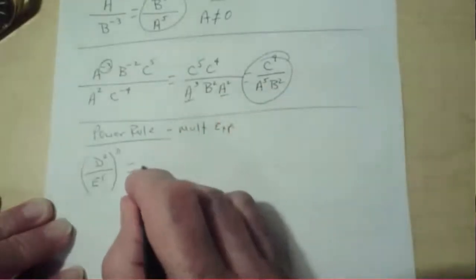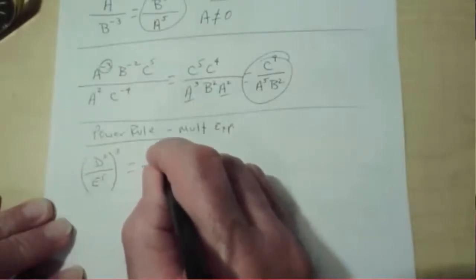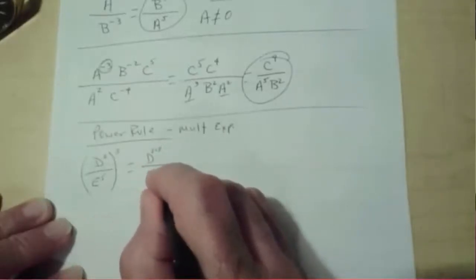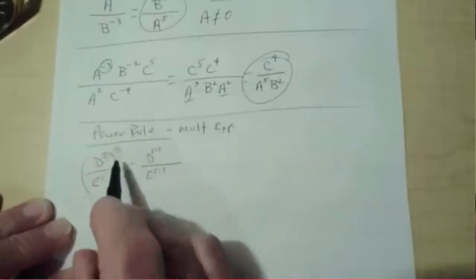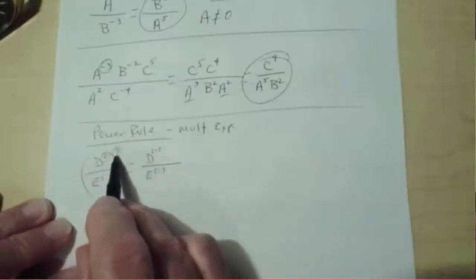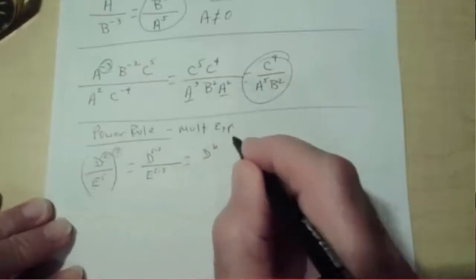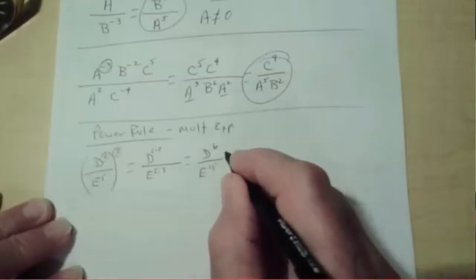So this is going to be d to the 2 times 3, and this is going to be e to the 5 times 3. We're going to multiply each one of these. When you have a power raised to a power, multiply. So this is going to be d to the 6th over e to the 15.